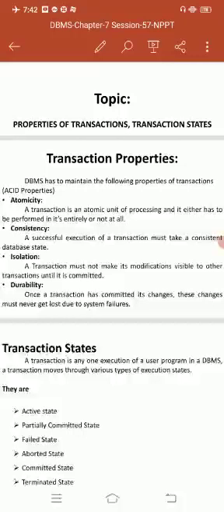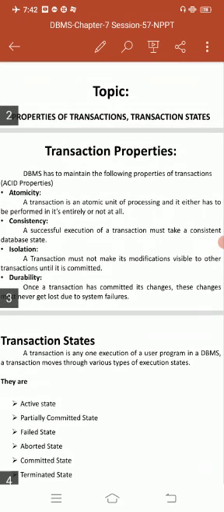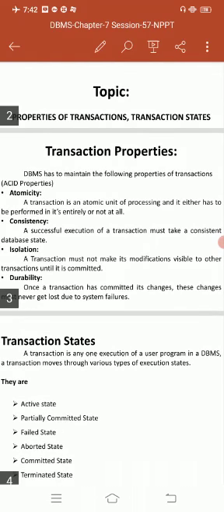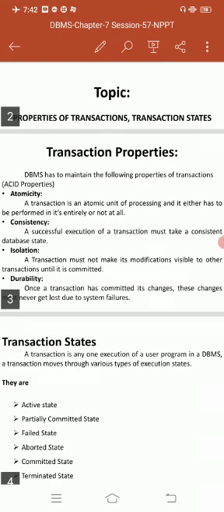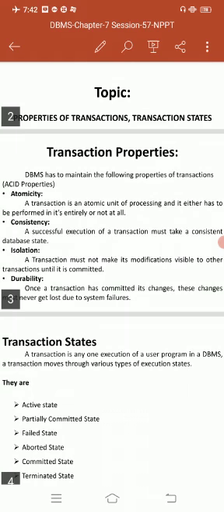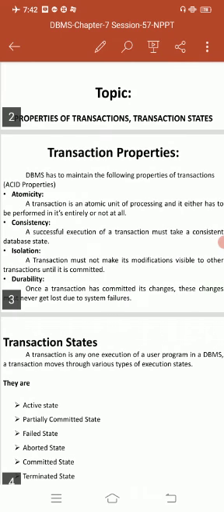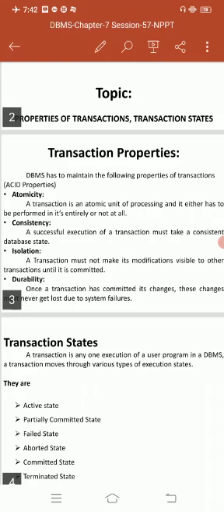Second one, consistency. What is meant by consistency? It is also called consistency preservation. A successful execution of a transaction must take the database to a consistent state.